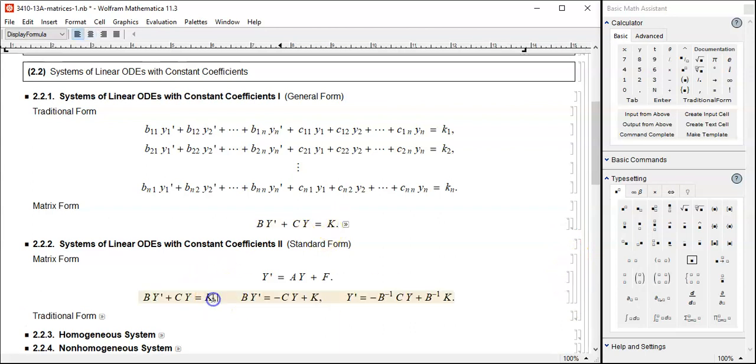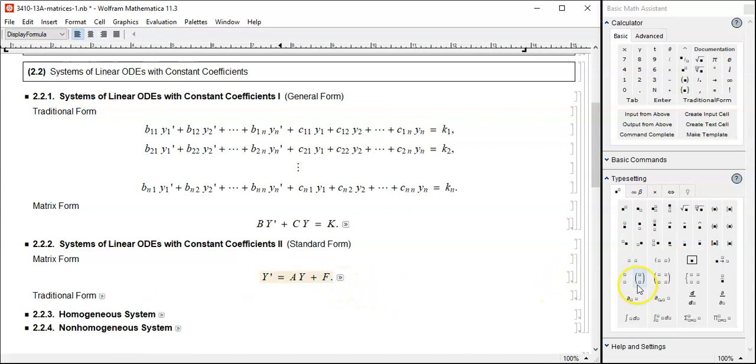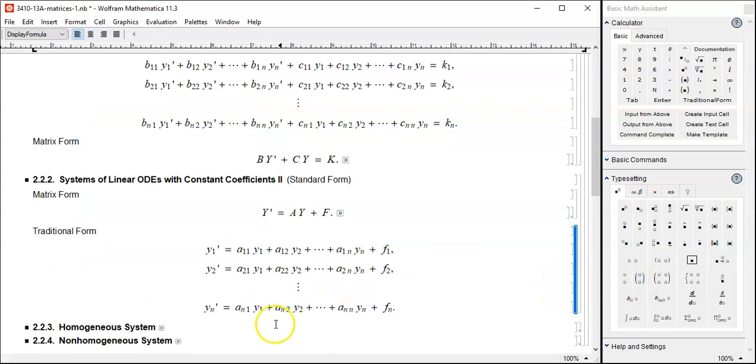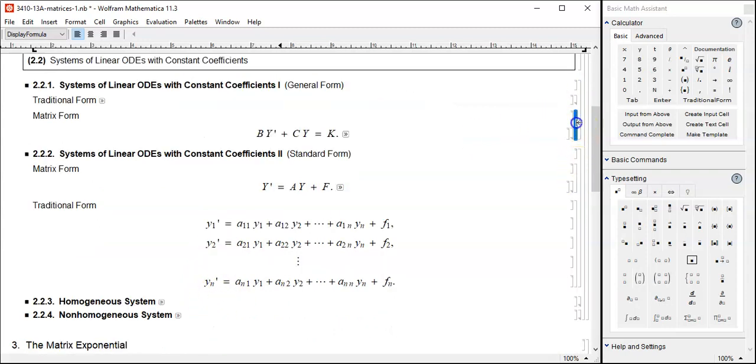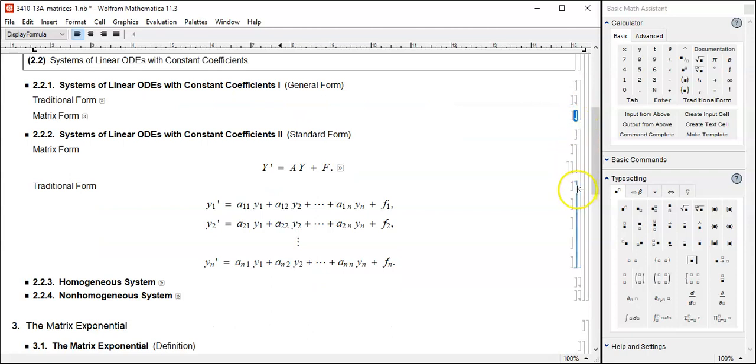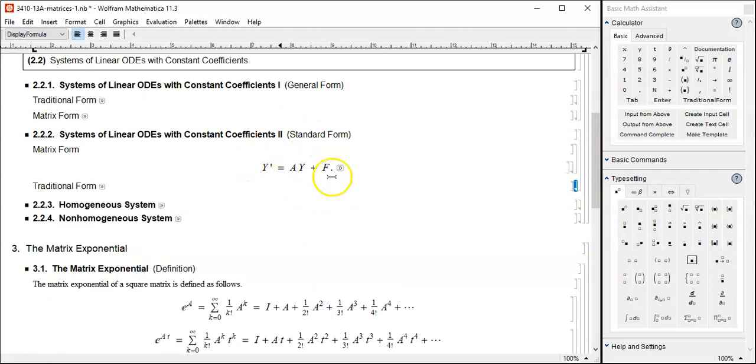Starting from here and then like this, and name this one as A and that one as F, then you get this standard form which corresponds to this. And please note that this one is heck of a lot simpler than this one, in a sense that we have only one derivative for each line. And then this kind of conversion allows us to study the standard form here.